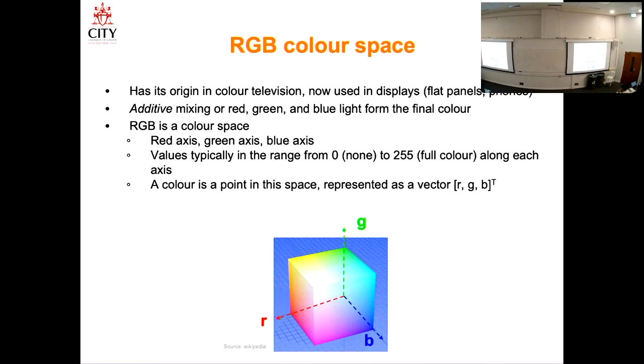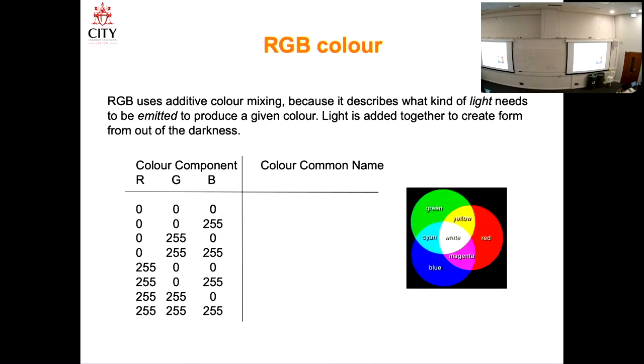We will do some exercise here. You can come up with different colors according to the different values that your R, G, and B have. So a very simple one, 0, 0, 0, what color is it? Black. Next one, blue. Next one, green.